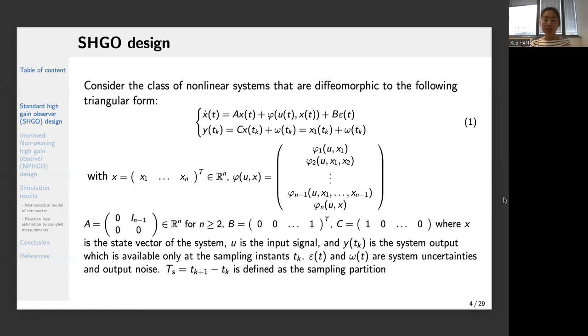Pay attention that the output y is only available at some sampling instants, which we call t_k. And epsilon(t) and omega(t) are the system uncertainties and the output noise. In the following, we define Ts as the sampling interval.